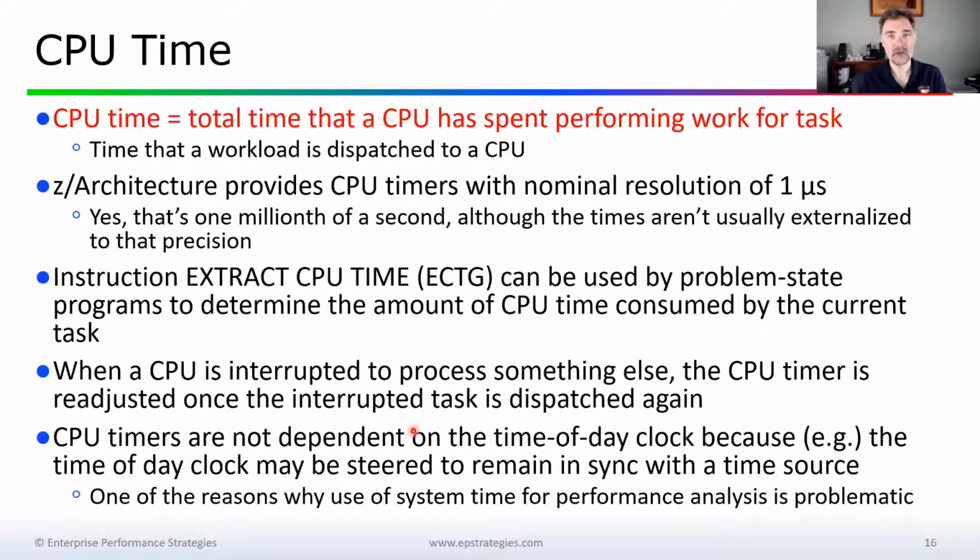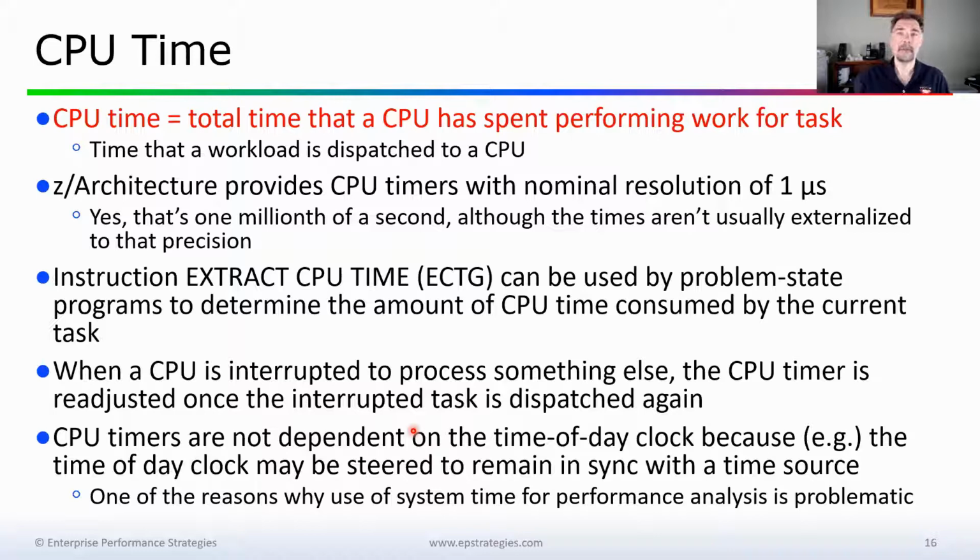So in other words, it's an elapsed time, but I hesitate to use the word elapsed because we often think about the elapsed time, for example, of a batch job, which is going to be much longer than the CPU time because there are other things that happen other than running on the CPU. But the CPU time is the time that the CPU was actually doing work for that particular task, right?